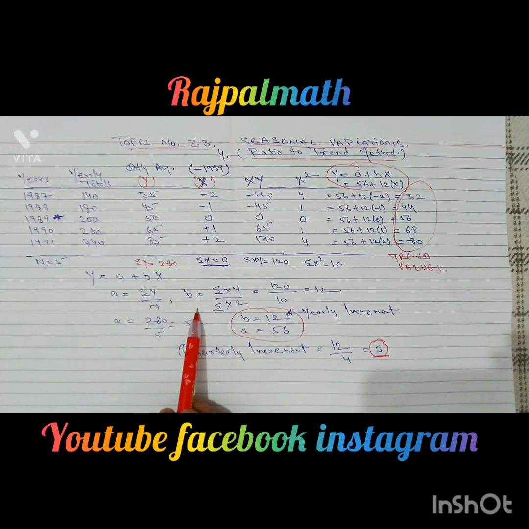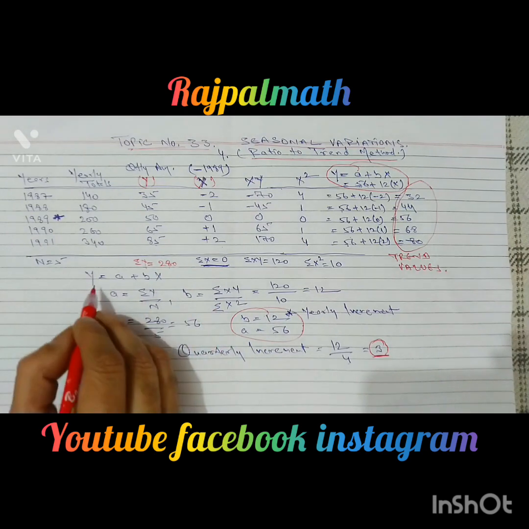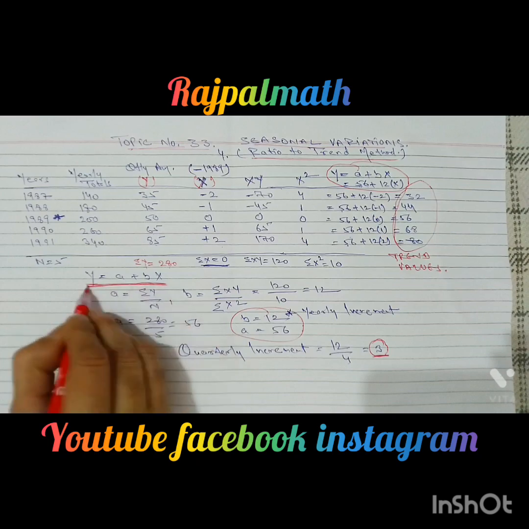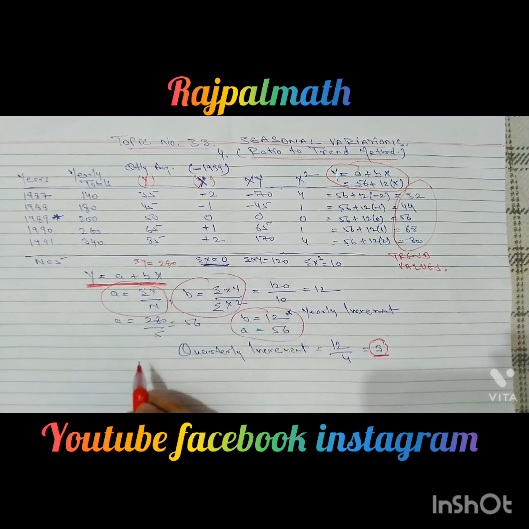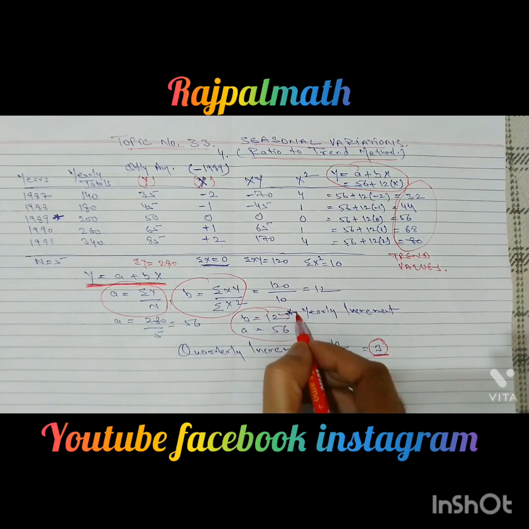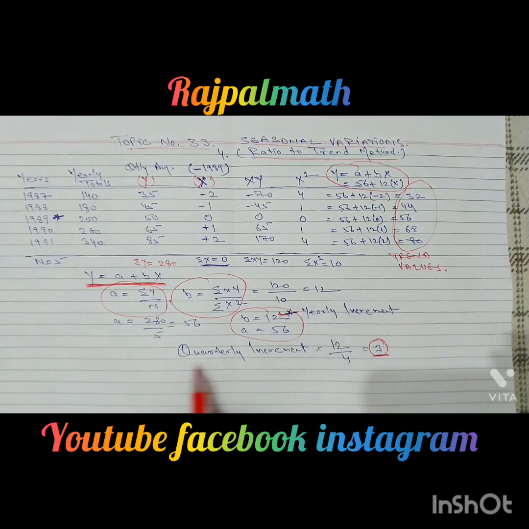We have done this in regression equations and time series also. Where a equals this and b equals this. The value of b is called the yearly increment. We need to find the quarterly increment. In a year 4 quarters are there, therefore 12 divided by 4, 3.